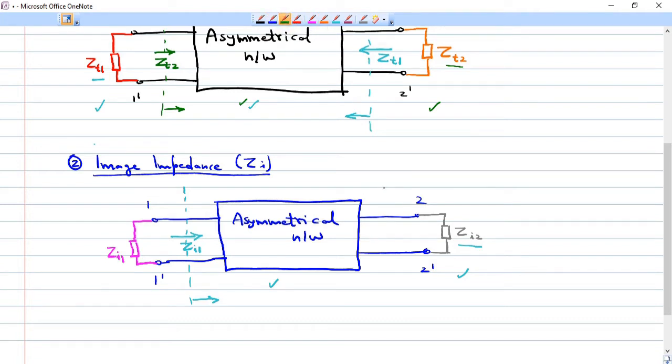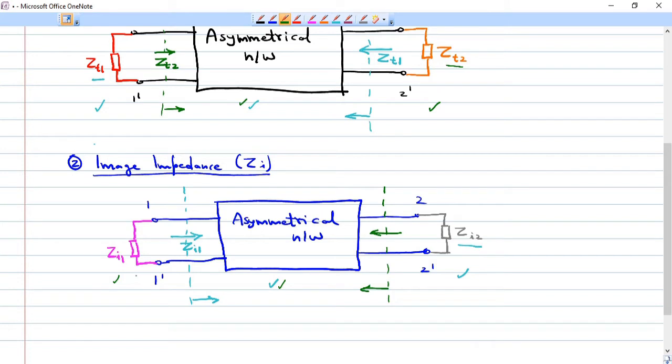Now you look at the network from the other end, that is from the output port towards the left, with Zi1 attached to the input side like this. So what is the combined impedance that you see from the second port with Zi1 attached?